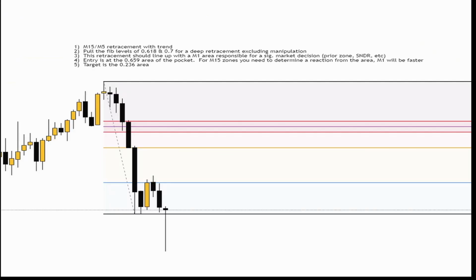Let's get into it. So what exactly are we looking for? We're trying to find out what the higher time frames are doing, and we're looking for either a 5-minute or a 15-minute retracement to align with either the new trend or the higher time frame trend. So what we do is we pull, in this case, we're going to look at a short example.